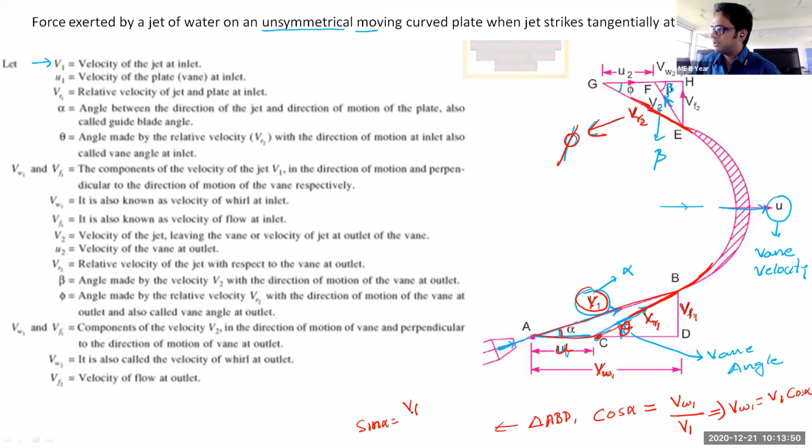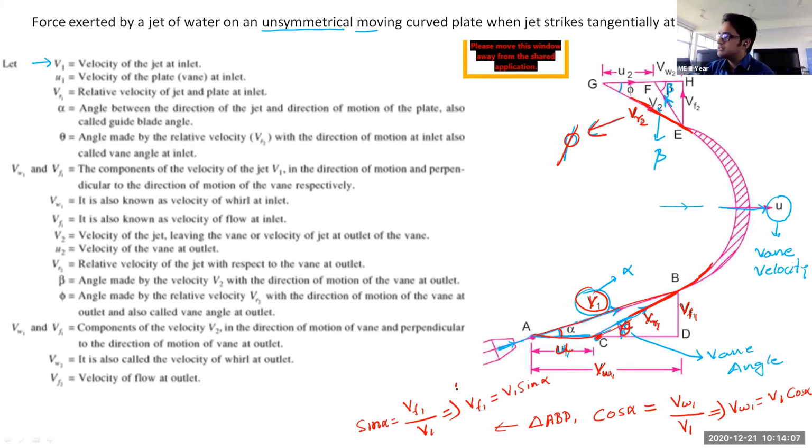So perpendicular is your VF1, VF1 upon hypotenuse, that is your V1. So from here you will get VF1 equals V1 sin alpha. These two expressions you can keep in your mind.